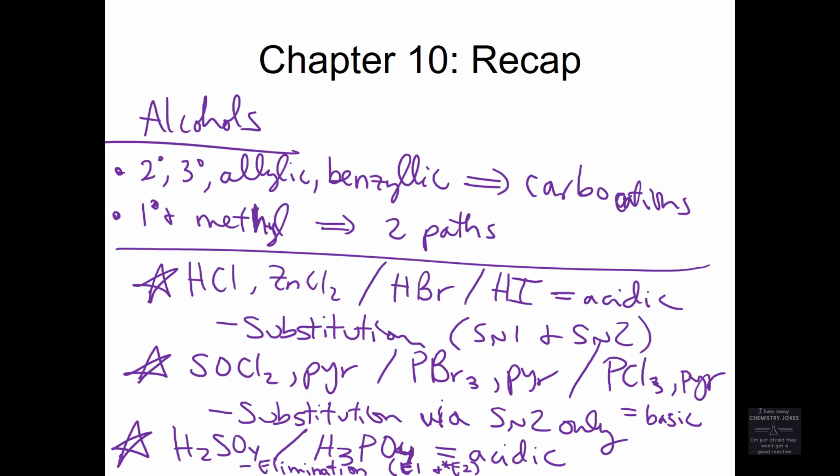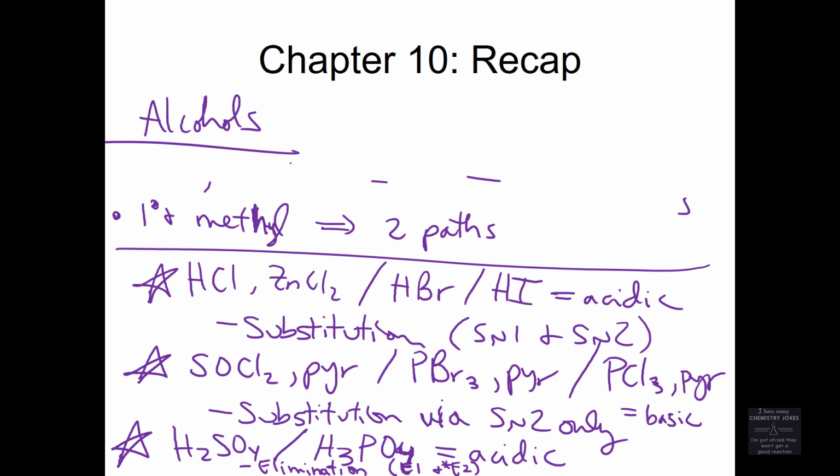Remind yourselves, go back to that example. We did a primary alcohol via E2, but it ended up making a carbocation anyway because we were refluxing, heating for a long time in acid. So it can do E2 if you're primary, but mostly we're going to see E1 with these. So, summarizing: alcohols can be substituted if you add things like HCl with zinc, HBr, HI.